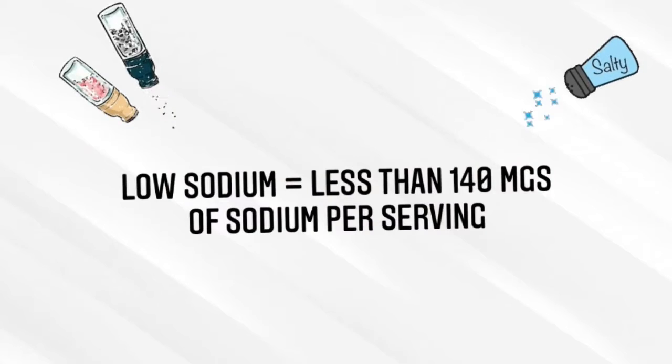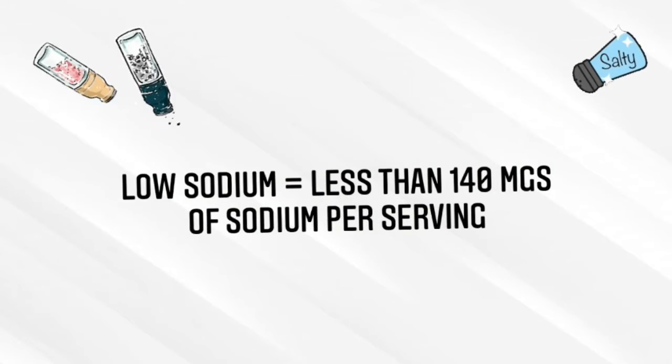And then some other claims that you might see on different products. One will be low sodium. This would be something to look for, especially for someone who struggles with high blood pressure, because you want to keep those sodium levels low. If something claims to be low sodium, that means it has less than 140 milligrams of sodium per serving.